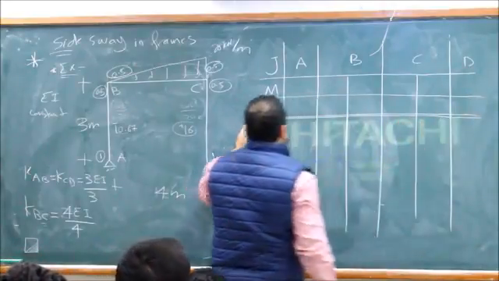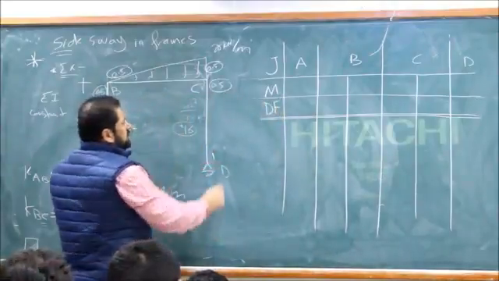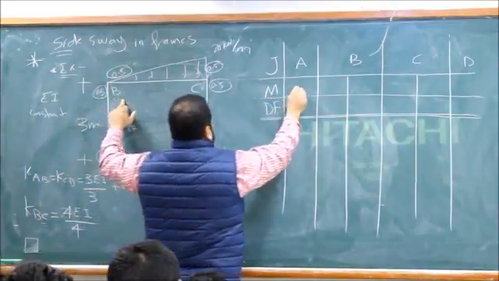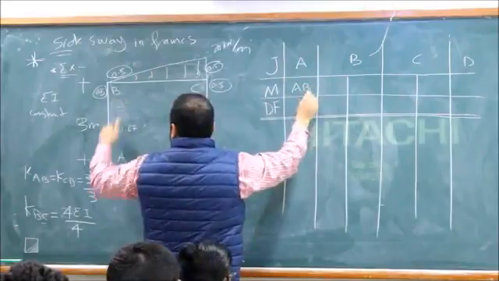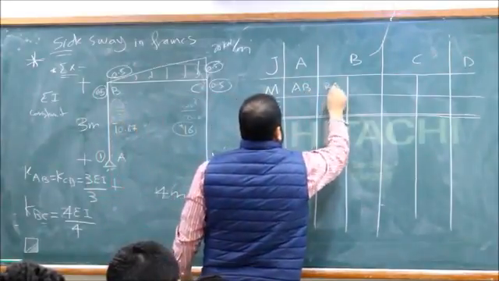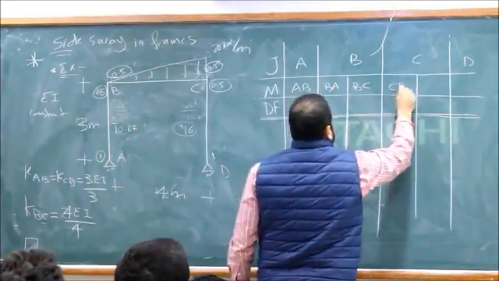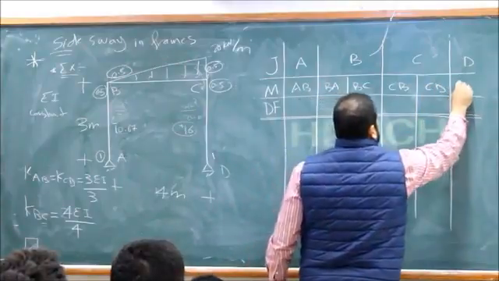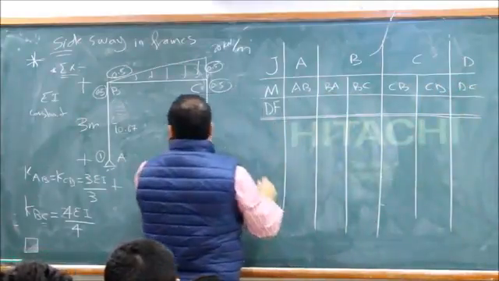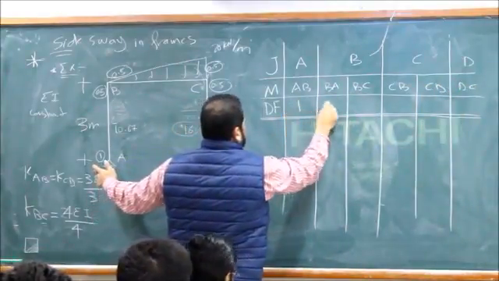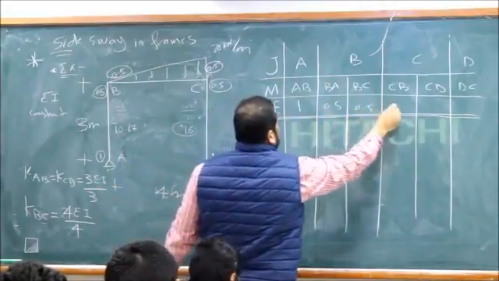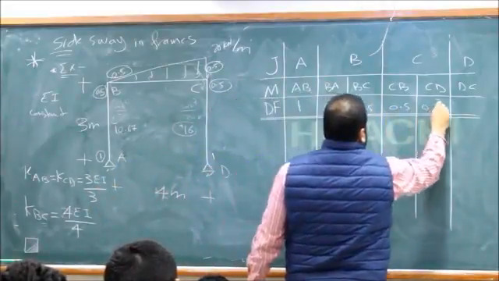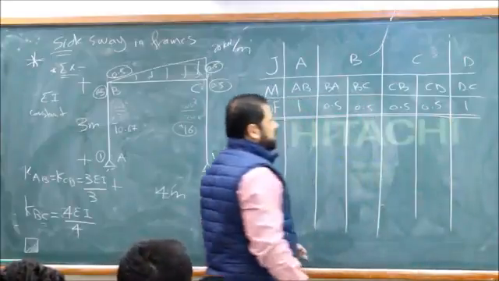Once you set up this table, you should have no problem after this. AB, BA, BC, CB, CD, DC. Distribution factors: 1, 0.5, 0.5, 0.5, 0.5, 1.